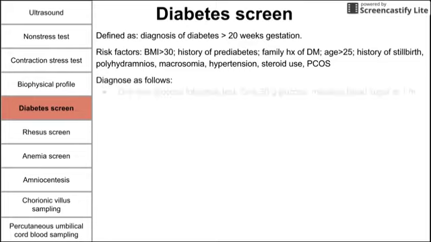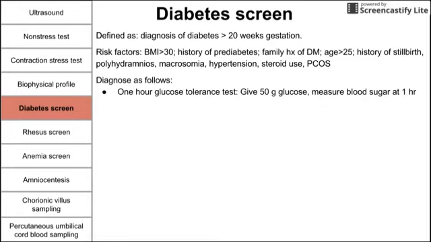To diagnose diabetes in a pregnant mother, you want to perform a 1-hour glucose tolerance test, in which you essentially give 50 grams of glucose and measure the blood sugar at 1 hour. If the blood sugar at 1 hour is above 140, you can proceed to the 3-hour test.